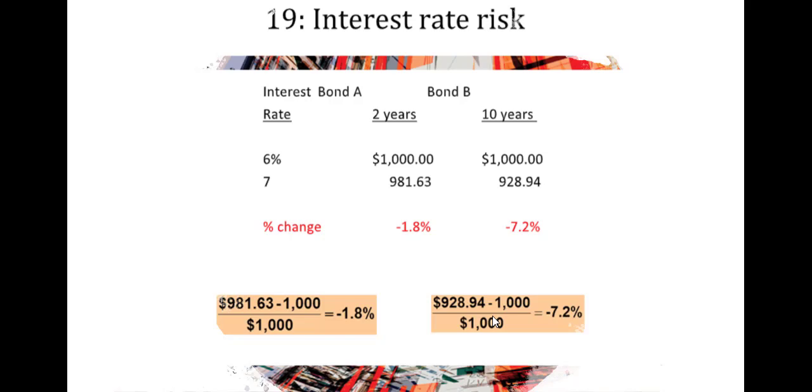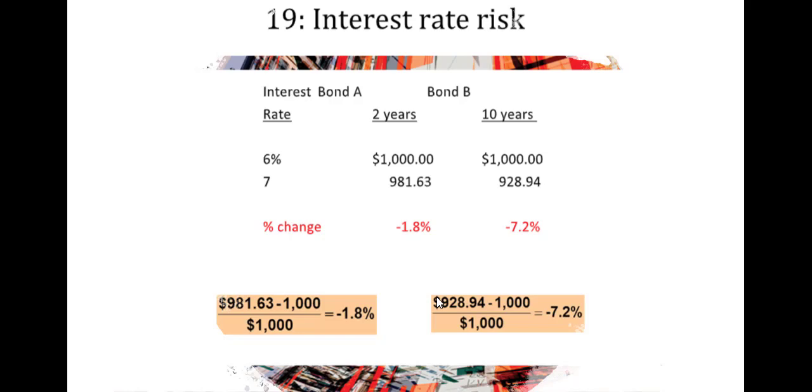Because of this effect, long-term bonds are more interest rate sensitive than short-term bonds, meaning that long-term bond prices fluctuate more in response to changes in interest rate than do short-term bond prices.